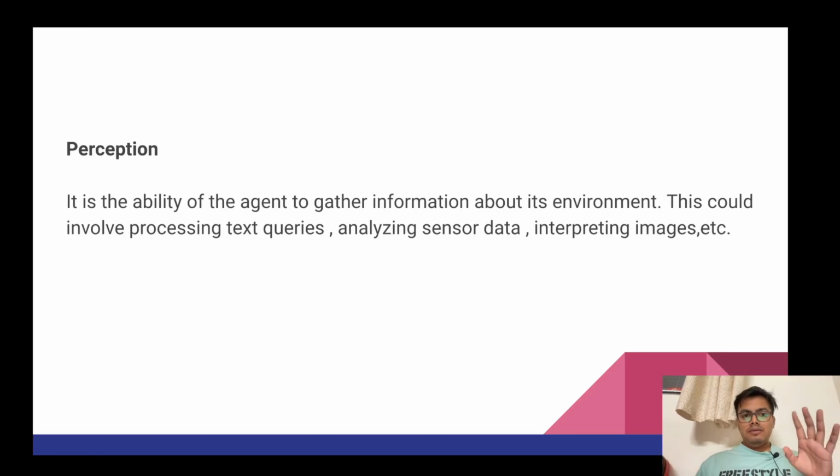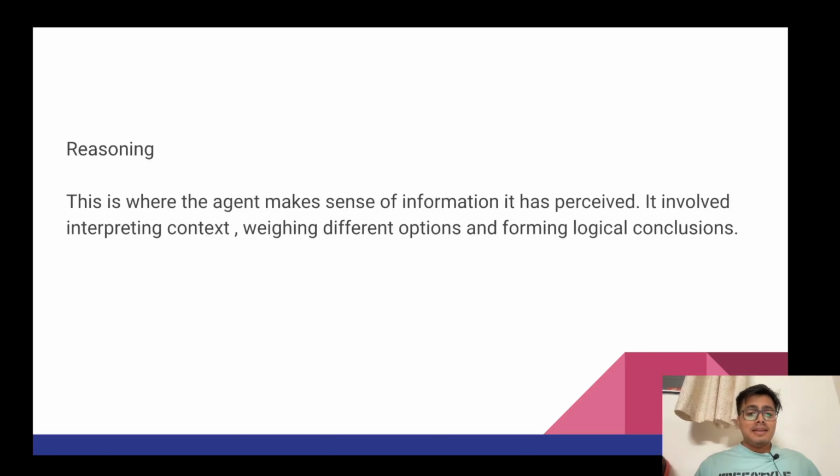Now the agent has an understanding of the environment. The next thing it will do, for whatever action is being told to the agent by the user, is reasoning, and for that it will take help of the information which the environment is giving to the agent.